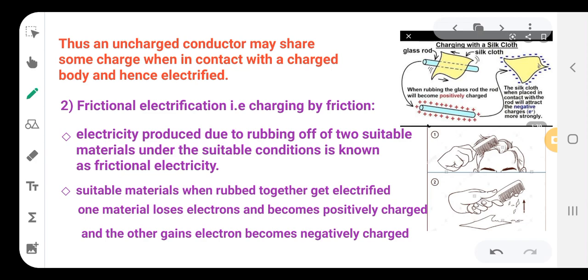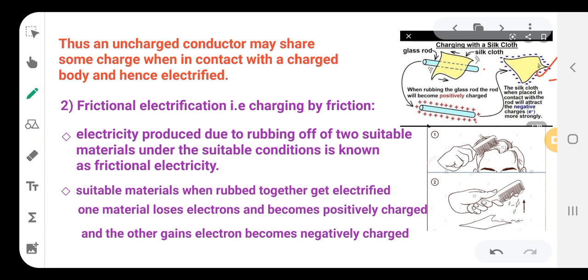Now let us go to the frictional electrification, that is charging by friction. Here in the diagrams you can see a glass rod is rubbed with a silk cloth, and this rubbing is nothing but friction, right? Due to this friction, the rod gains positive charge and the silk cloth gains negative charge.